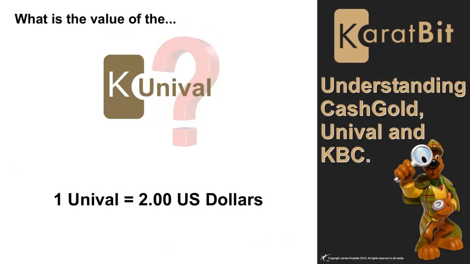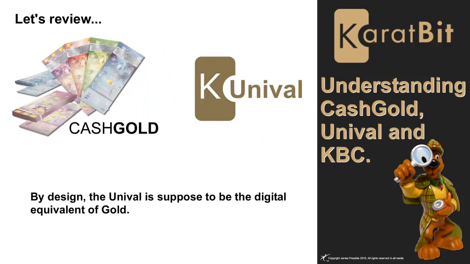So let's go back to the Cashgold and break it down. Remember at the beginning, what did I say? The Unival was created to be a digital equivalent of gold. So in a sense, the two should be relatively equal in value, Cashgold and the Unival. However, in this example, they are not.